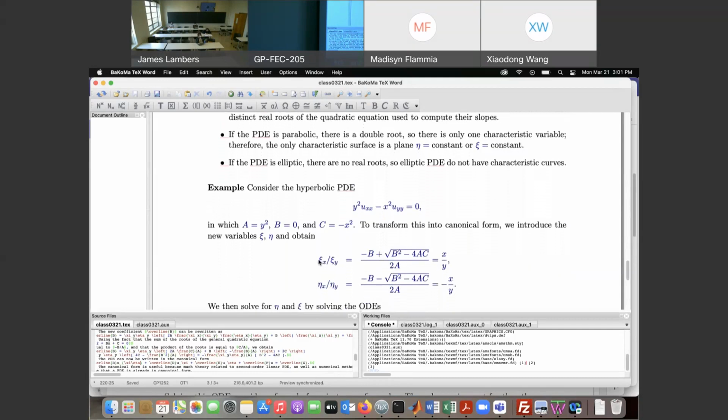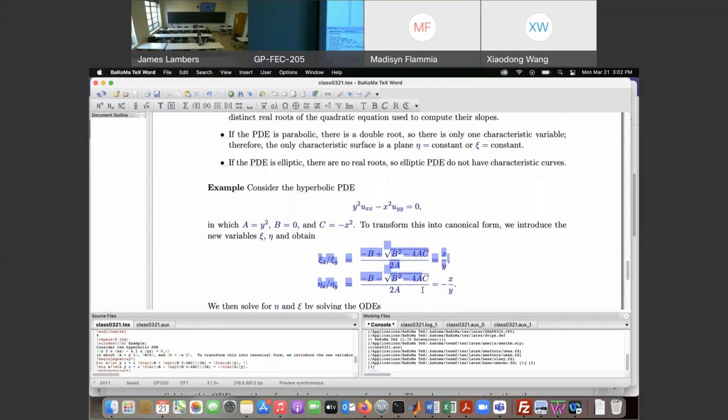So here we have, coming from our quadratic equation, the expressions that define xi x over xi y and eta x over eta y.